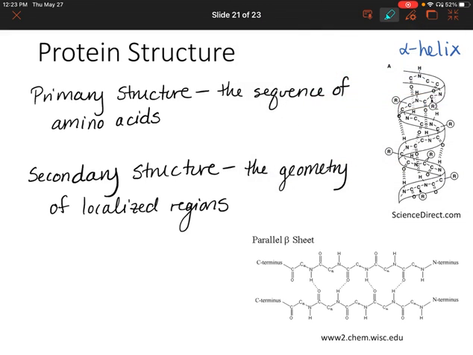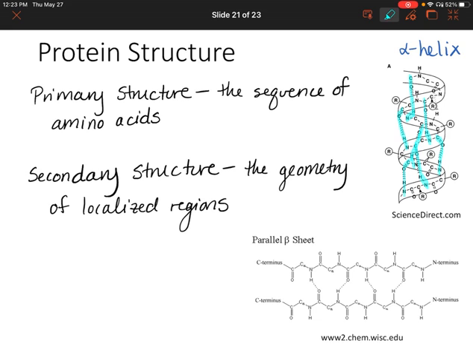What I'd like you to notice is that they're forming this alpha helix through hydrogen bonds between carbonyl groups, so that oxygen, and then a hydrogen from an amine. And these are occurring all along this chain, all the way down, and this is what forms that alpha helix structure.